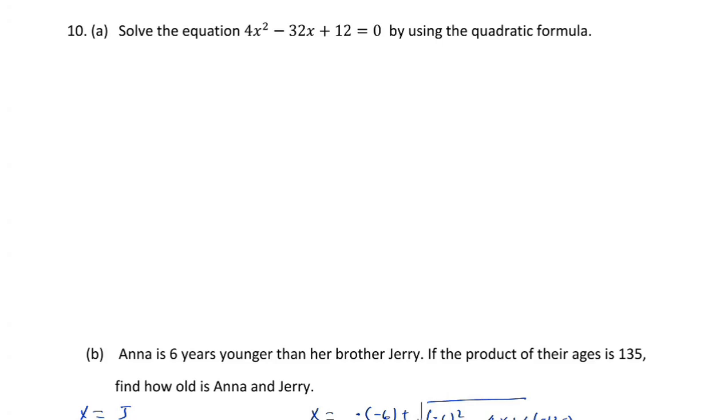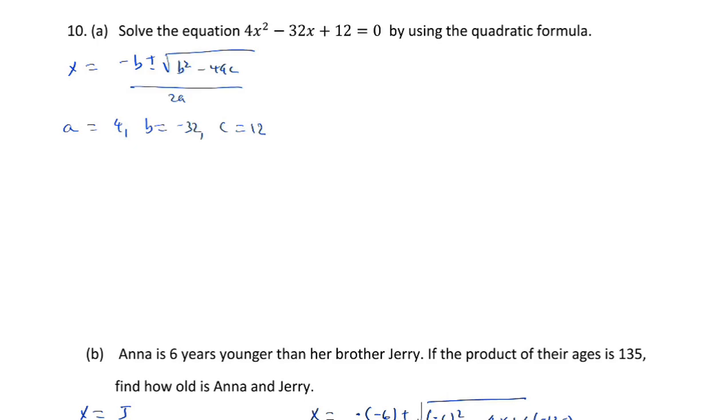Let us just recall the quadratic formula, which says x equals minus b plus or minus root of b squared minus 4ac, over 2a. From our equation, we have been given a is 4, b is minus 32, and c is 12.